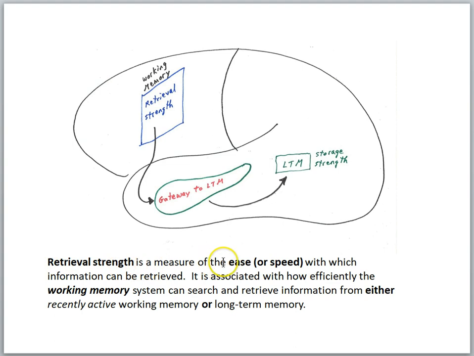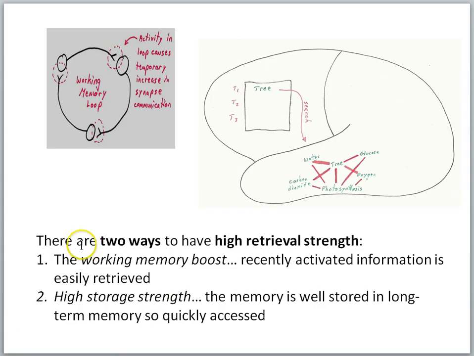Retrieval strength was a measure of the ease or speed of access of the information. But we said there were two ways that we might have high access or high retrieval strength for a memory. The two ways were: we might be enjoying the working memory boost, where recently activated information is easily retrieved. And we said that was due to the fact that there's a temporary increase in synaptic strength in whatever neural circuits were recently used, so they can be easily reactivated.